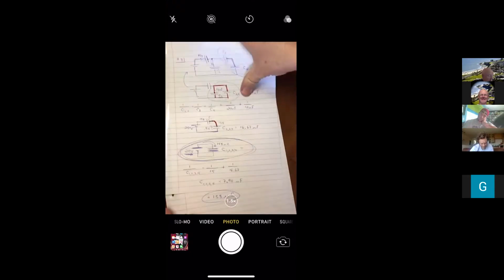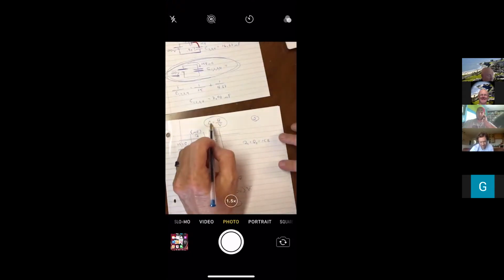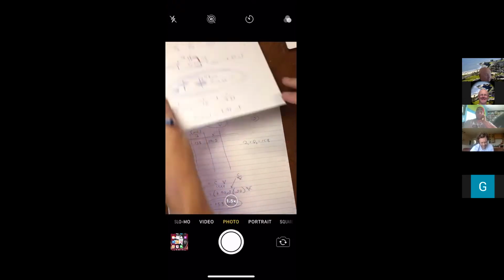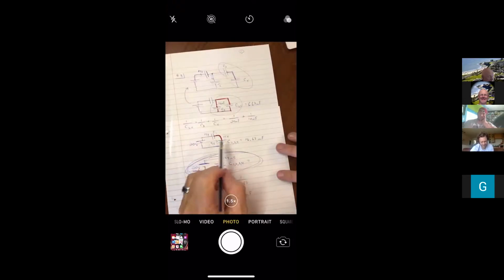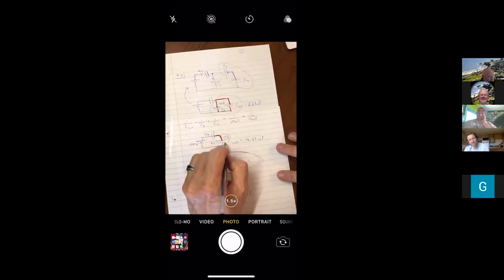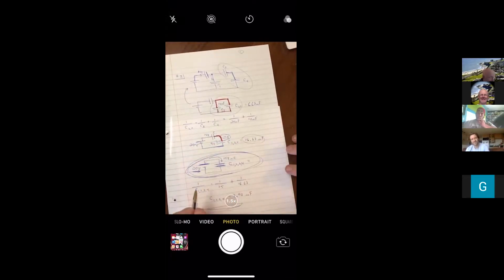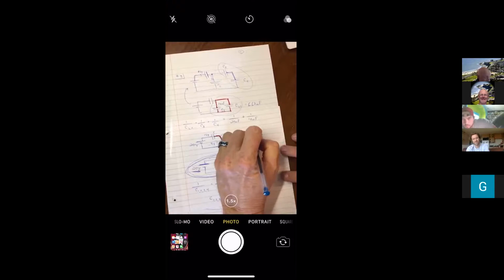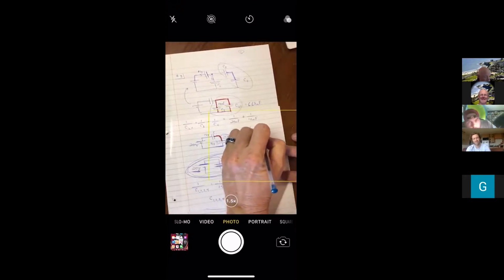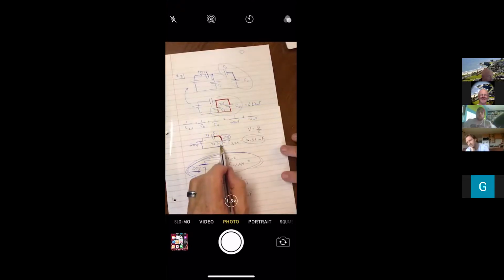And that is, again, using this. Remember, if we know any two of these, we can find the third. And back here in the equivalent of the equivalent, we know the charge on this equivalent, and we know the capacitance. So the voltage, which would be the charge over the capacitance, could tell me this voltage.